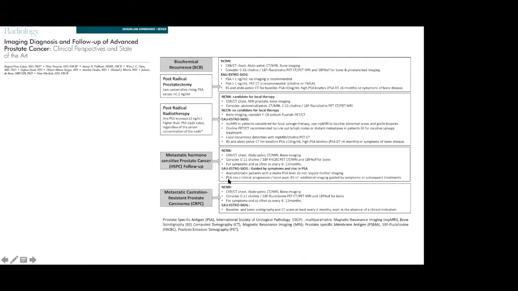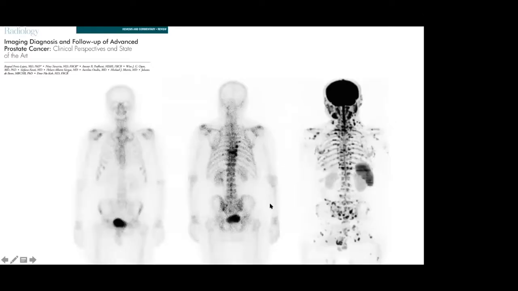Again, when there's a PSA rise, a bone scan. In metastatic castration resistant prostate cancer, so when they're no longer responding to hormone sensitive treatment, they get a bone scan. So everything is a bone scan, and it does make you wonder why that is, because we know that a bone scan is actually not a good technique to detect lesions.